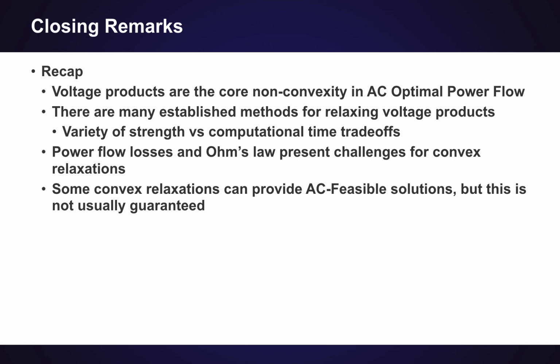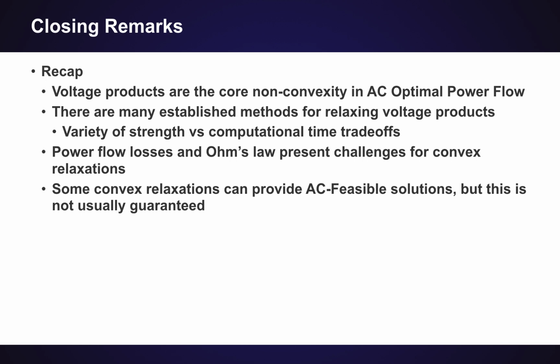These relaxations vary in strength, meaning how close they are to representing the true AC feasible space, and in computational time trade-offs. A less strong relaxation will typically have a lower computational time, whereas stronger relaxations will give you higher computational time.